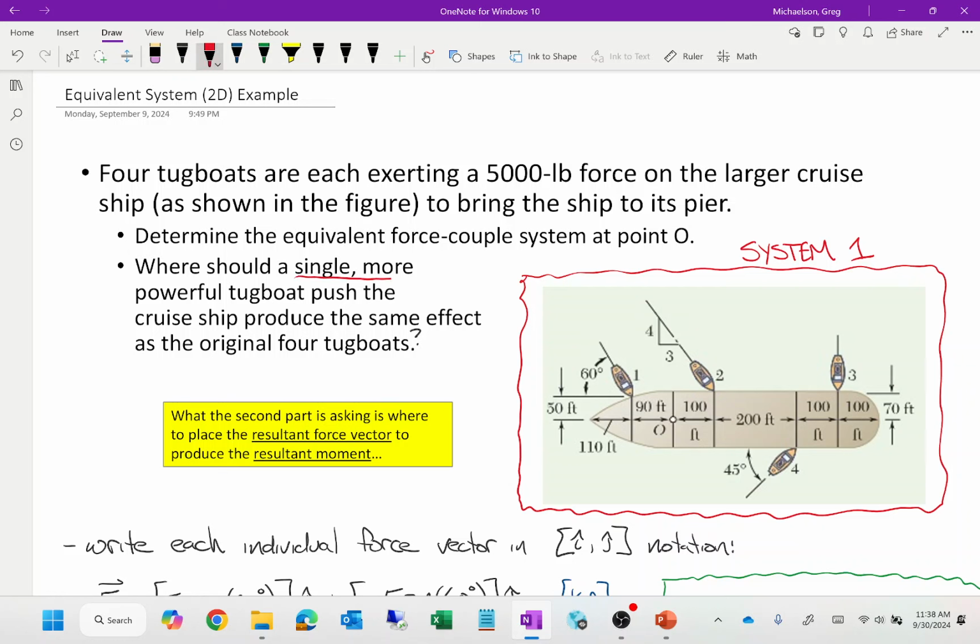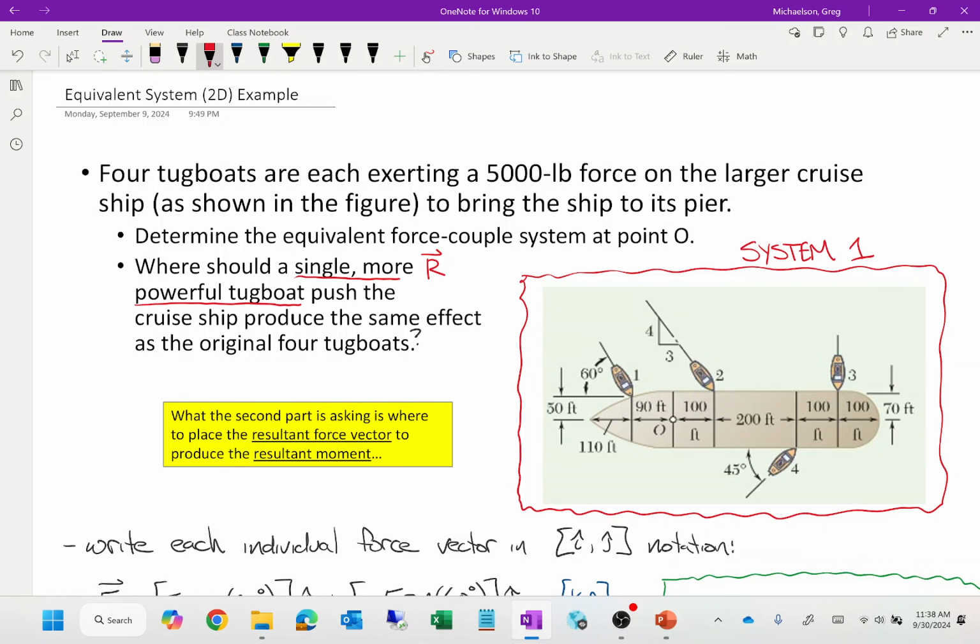Let's start off with single, more powerful tugboat. What do you think it's talking about when it says a single, more powerful tugboat? Say it again. That's 100% right. It's talking about R. Where should we put R to generate the same effect?